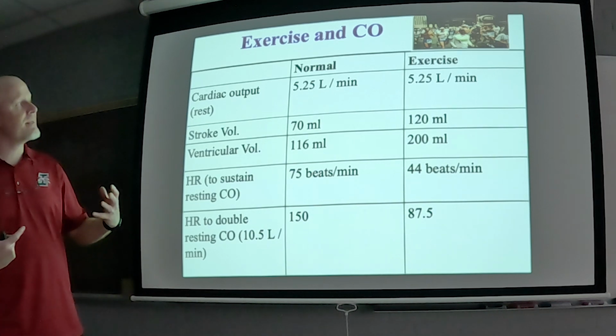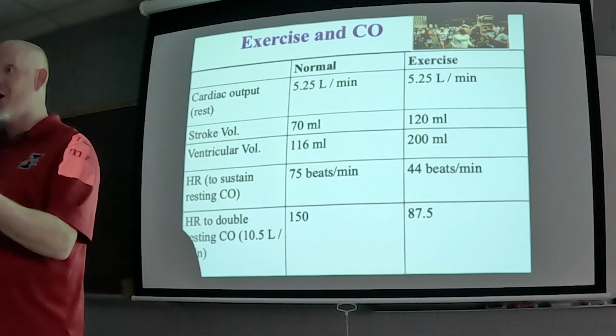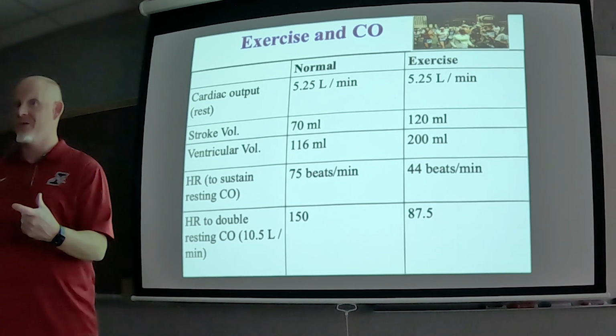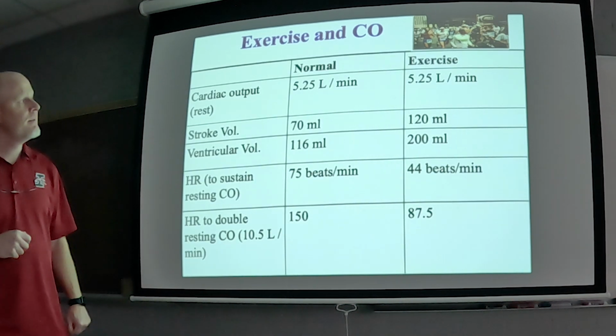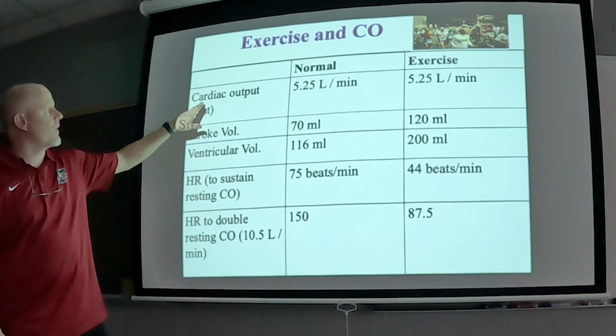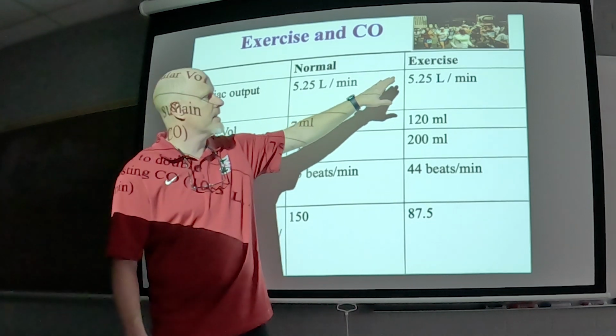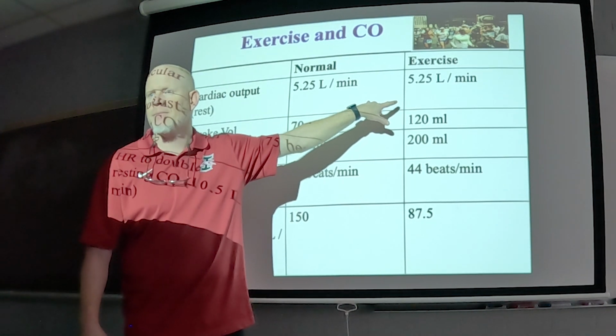And if you do that, you're going to increase the efficiency of the heart by slowing heart rate and allowing for more stretch. That's how the heart responds. And if you look at this, this is kind of what I was mentioning before. Cardiac output of somebody that does nothing versus somebody that exercises is exactly the same, right?